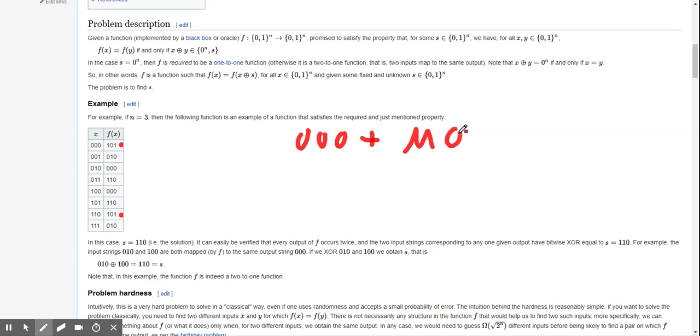So the relationship between these numbers and these numbers is literally that. So this is actually the core of the whole thing. Of course.